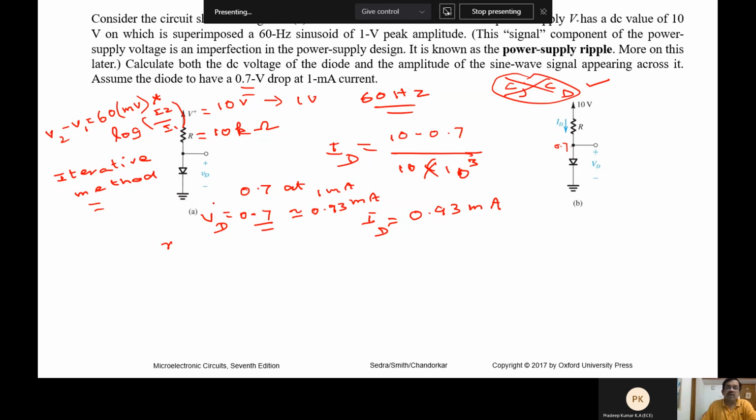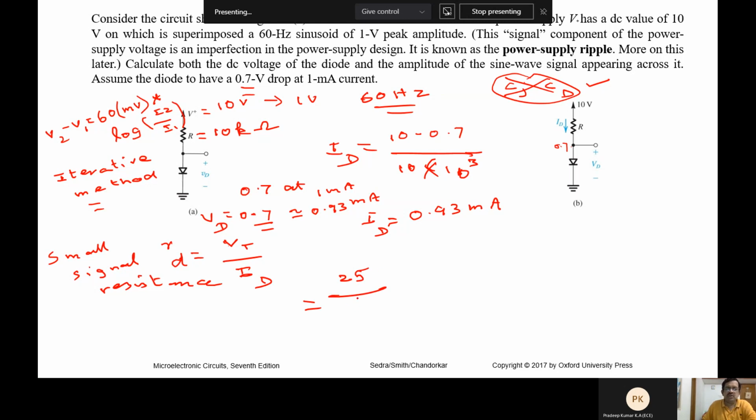Fine. Now, as far as this small signal analysis, we need to calculate the small signal resistance rd. rd is the small signal resistance, calculated using the formula straight away VT by ID. So ID is known, VT at room temperature, I can take 25 millivolt as approximation, not 25.9.